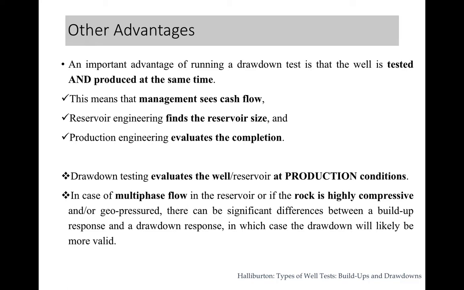However, in drawdown testing, we do production as well as testing hand in hand. So the management sees the cash flow, and they generally recommend such kind of testing which will give you insight into the reservoir as well as the cash flows, right?